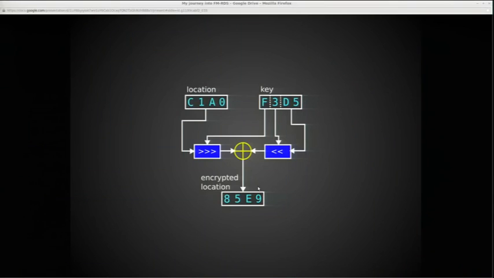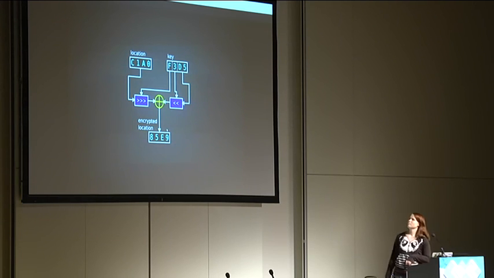The location is a 16-bit reference to a database of locations that can be obtained from the manufacturer of the navigators. And the key is 16 bits. Key space is 16 bits. And different parts of the key are used as parameters for the different operations in this cipher. And it's an easy enough cipher to be used on paper also.